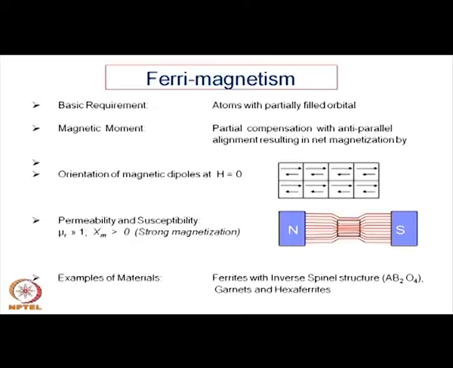The last group in this series is called ferrimagnetism. This is very close to ferromagnetism, but the origin of this magnetic behavior is slightly different, and that is why although they are strong magnetic materials like ferromagnetic material, strong magnetization, mu r is much greater than 1 and chi m is also more than 0. So, very similar to that of ferromagnetic material, but they are not called ferromagnetic material, they are called ferrimagnetic material.